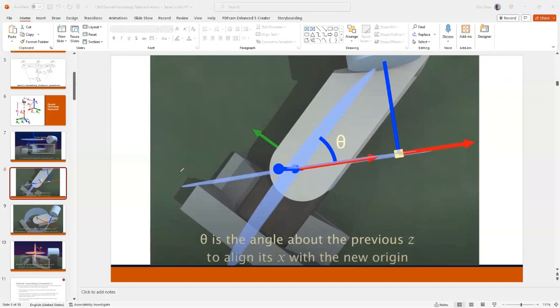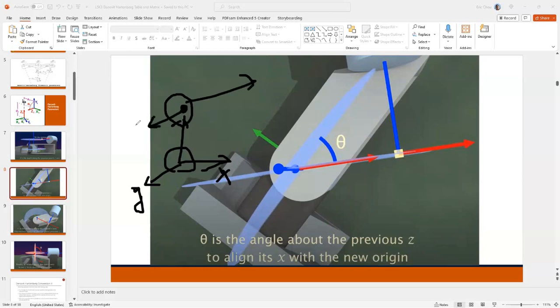So let's assume that we have a base right here. Our original frame is X, Y, Z. Right here, we have a frame 1 on the rotary here. On this frame 1 over here, your Z is this direction, your X is this direction, and Y is this direction. Basically, in frame number 1, we have one parameter, theta.